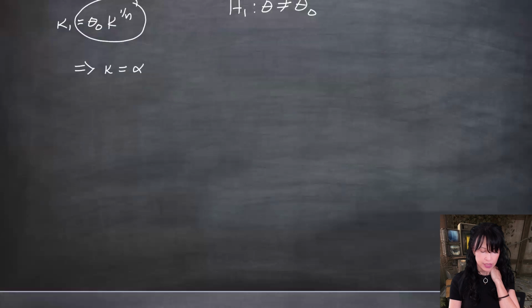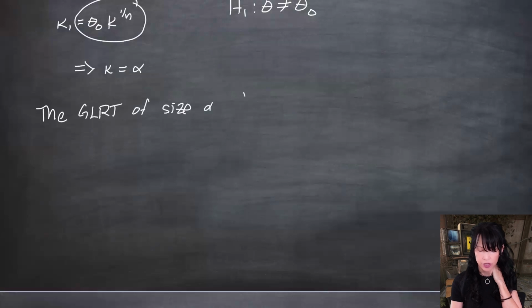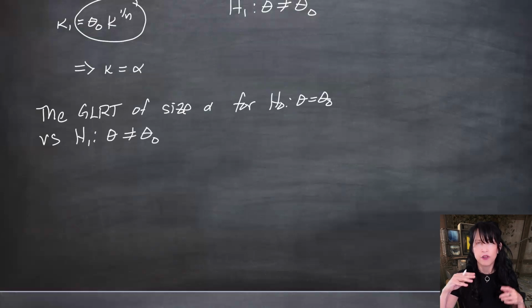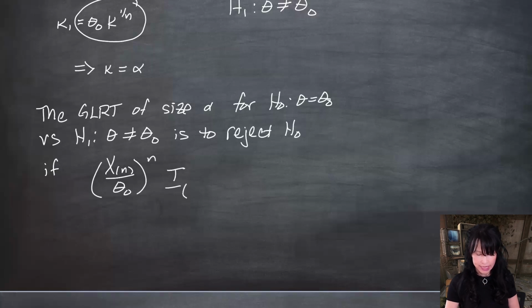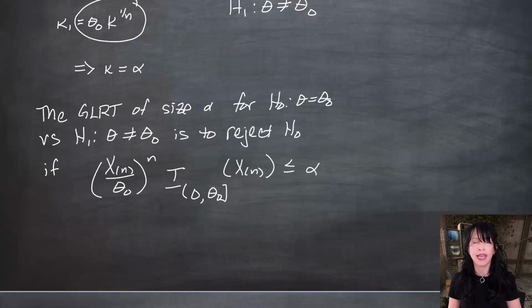So here is the GLRT. The GLRT of size alpha for the null hypothesis that theta equals theta naught versus the alternate hypothesis that theta does not equal theta naught for the uniform zero theta distribution is to reject the null hypothesis in favor of the alternative if the maximum over theta naught to the n times the indicator that says that the maximum is between 0 and theta naught inclusive is less than or equal to k, but we determined that k was alpha.